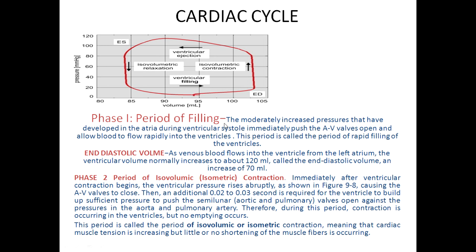So what happens here? The moderately increased pressures that have developed in the atria during ventricular systole immediately push the atrioventricular valves open and allow blood to flow rapidly into the ventricles. This period is called the period of rapid filling of the ventricles.